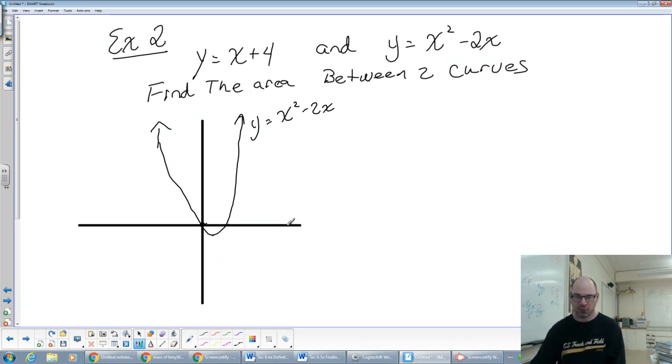Okay, and then if we look at y equals x plus 4, if we put in a 0, that's going to be 4. So it's going to be up here. If we put in a negative 4, y is going to be 0. So it's going to go like this.